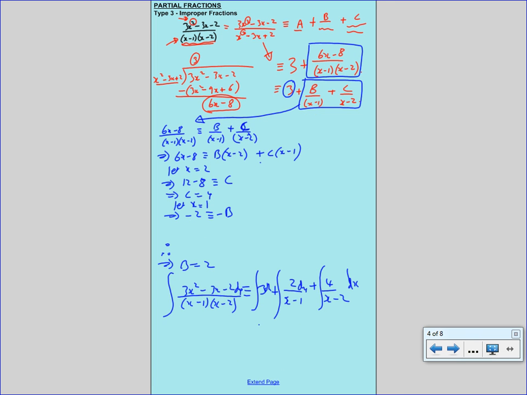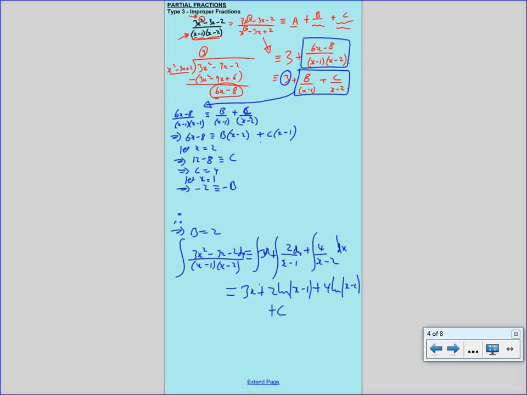I get this thing is the same as 3x plus 2 mod log x minus 1 plus 4 mod log x minus 2 plus our constant c. So I could do that, or maybe the question will say, find the binomial expansion of this thing.